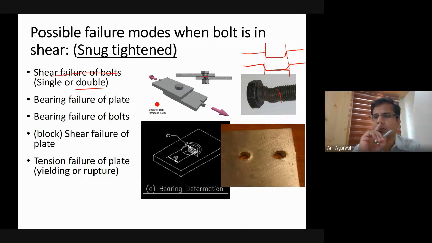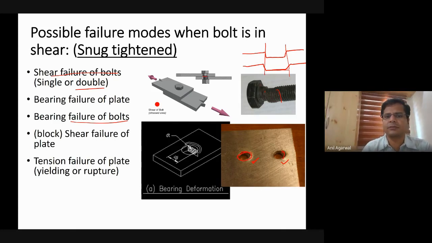So one is shear failure. It could be single or double. And then you may have a bearing failure. Bearing failure looks like this, wherein the plate undergoes bearing failure. So the plate geometry deforms. You may also have bearing failure of the bolt. Just like the hole is changing its dimension here, so the hole is becoming wider or longer, correct?